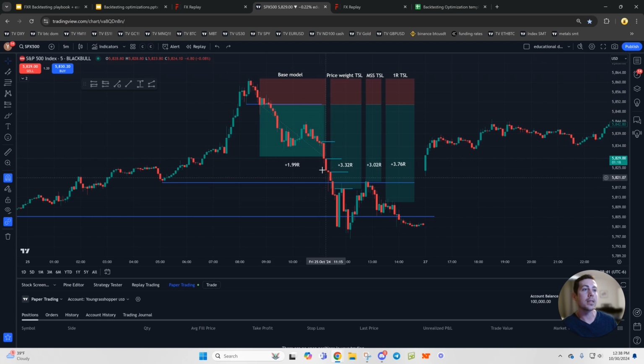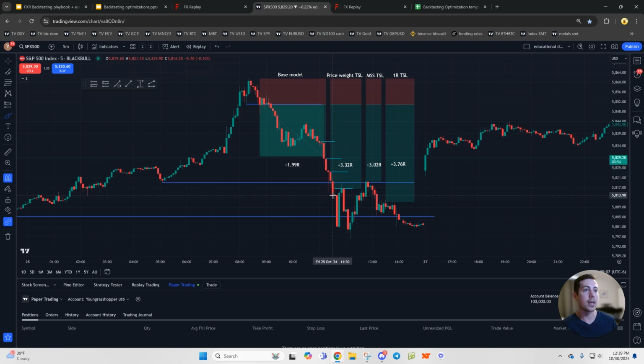Then as it continues to move in your favor, you drop the trailing stop loss as new lows are swept. It can be structural lows, so obviously this low over here, I would do the same thing. This is the candle that took that low, so I would trail my stop to the high of the candle before. And then it could also be internal lows. We have a move down here, a move up, and a new low created there.